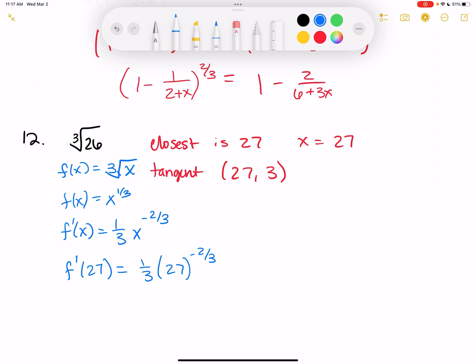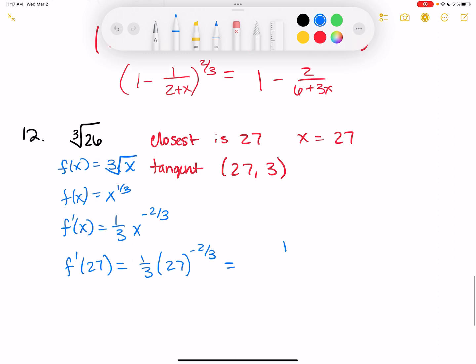Obviously this is a negative exponent, so it's moving it to the bottom. So 1/3 times 27 to the 2/3. With something like this, you probably don't know offhand what the square of 27 is, but you do know what the cube root of 27 is.